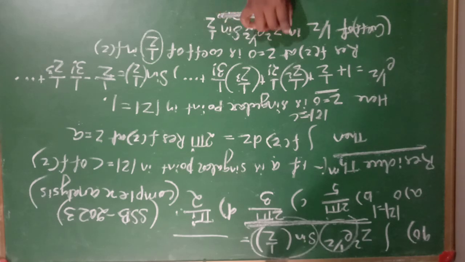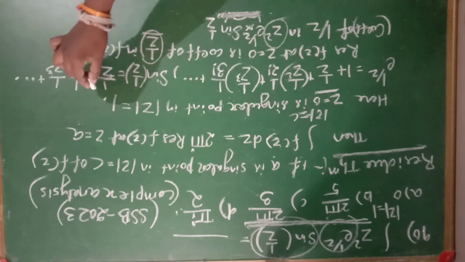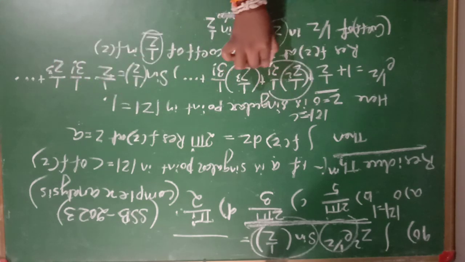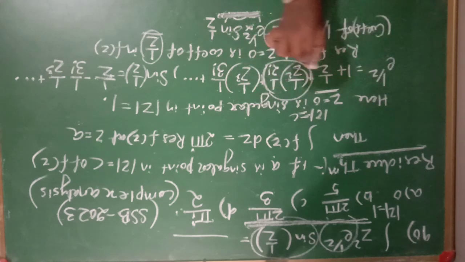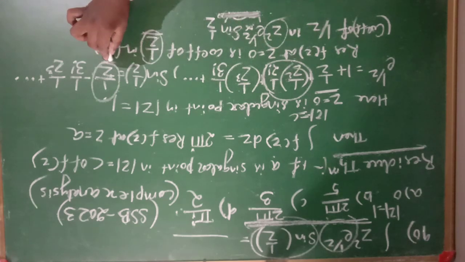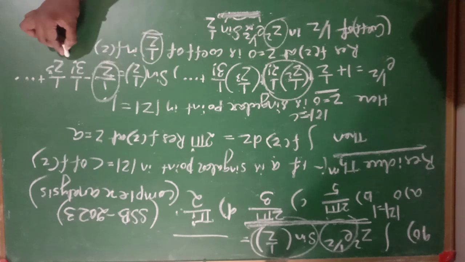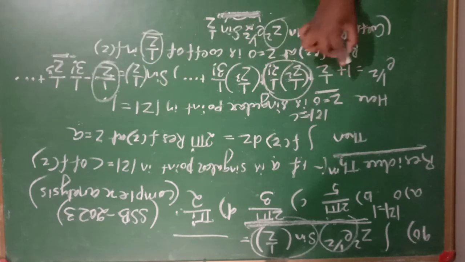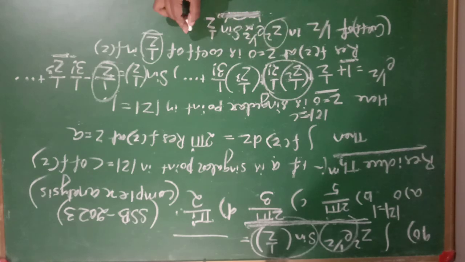The third term of e to the power 1 by z multiplied with the first term of sin 1 by z gives a 1 by z cube term. Similarly, the second term of sin 1 by z multiplied with the first term of e to the power 1 by z gives a 1 by z cube term. Multiplying by z square, we get the coefficient of 1 by z.